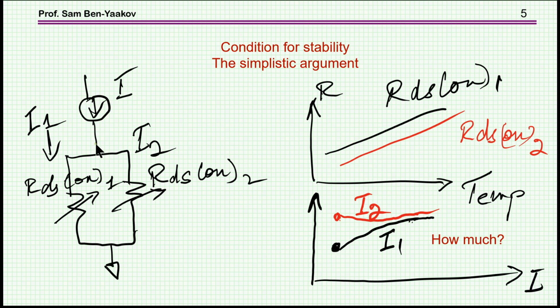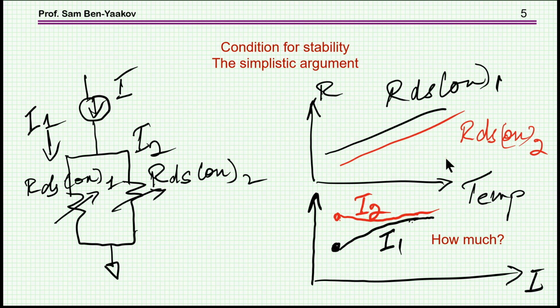Now, as the current is increasing, the devices are getting hot, and the temperature goes up. Since the current here is higher, the temperature here will become higher. Therefore, the resistance will go up more than on the other side, and as a result, the current will sort of taper down, and eventually, hopefully, both of them will be equal or very close to one another. So for good current sharing, we would like to have a temperature coefficient which is positive with temperature.